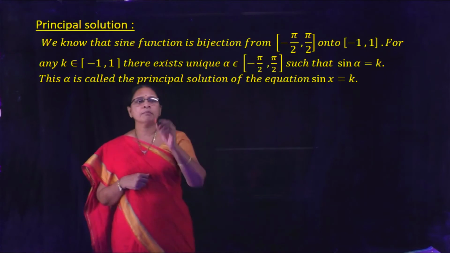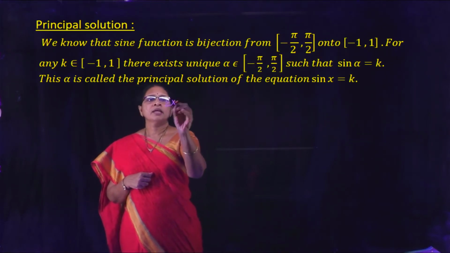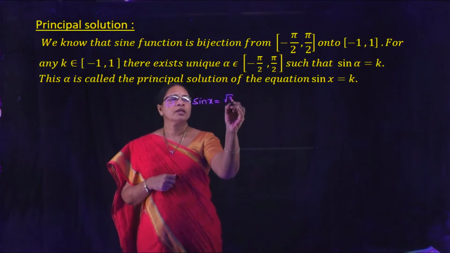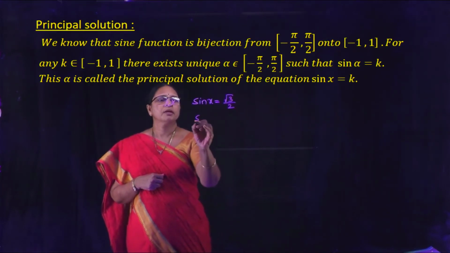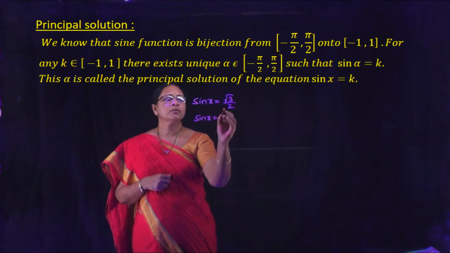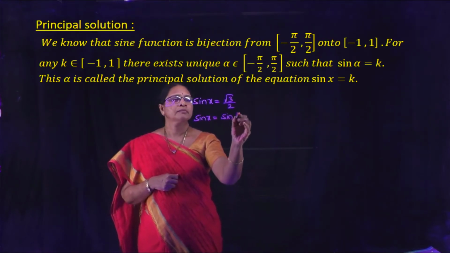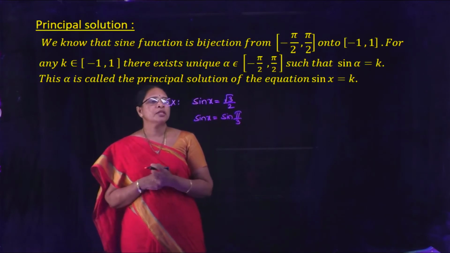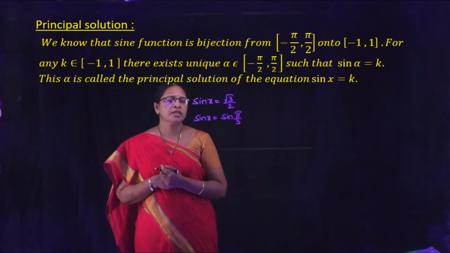See one example. Sin x is equal to root 3 by 2. Sin x is equal to sin pi by 3. Here x equal to pi by 3 is the solution for the given equation.